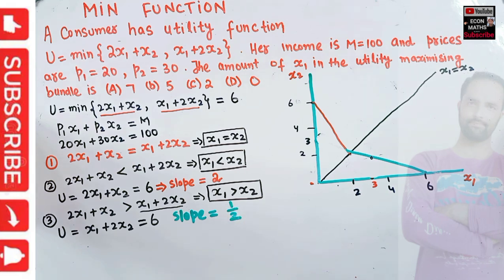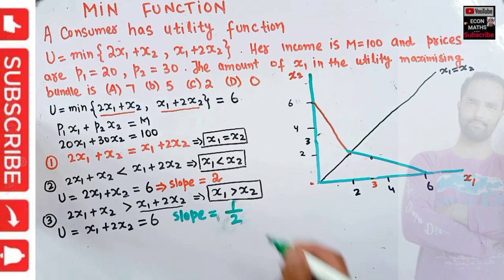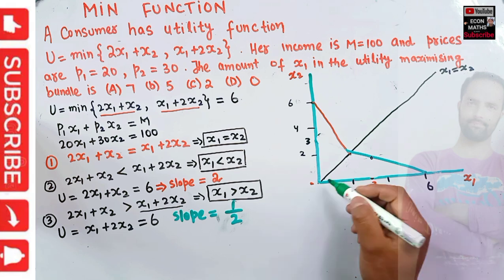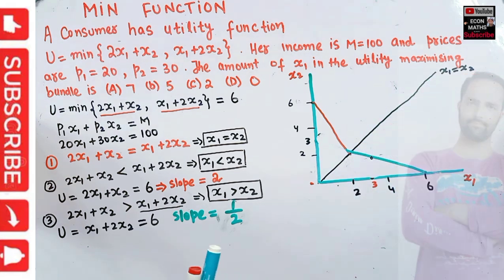In absolute terms, let me write it clearly, 1 upon 2. Now we need to compare, and on this line we have x1 equal to x2. So we have three regions here.